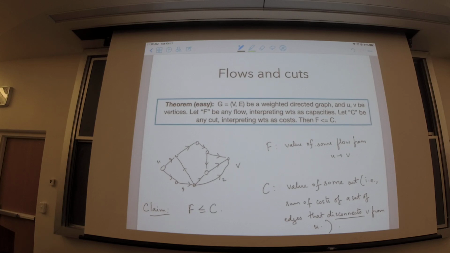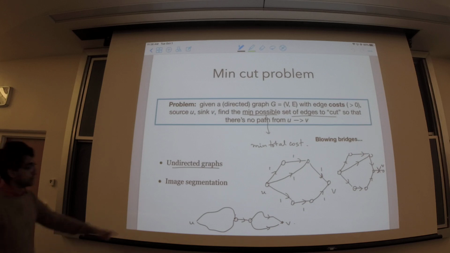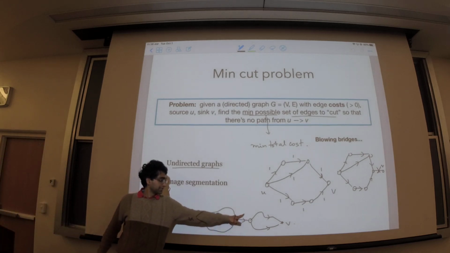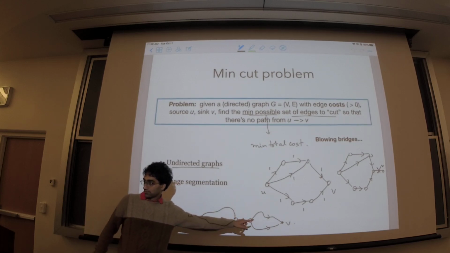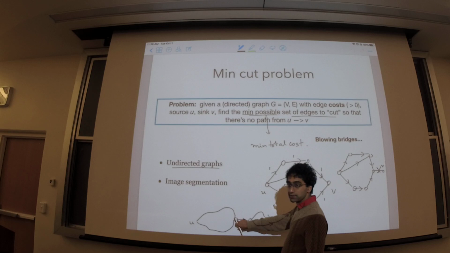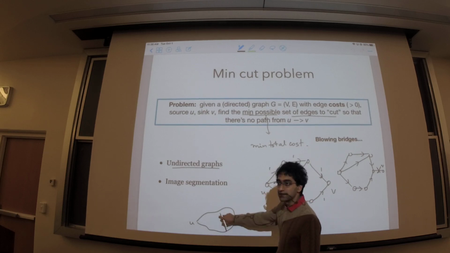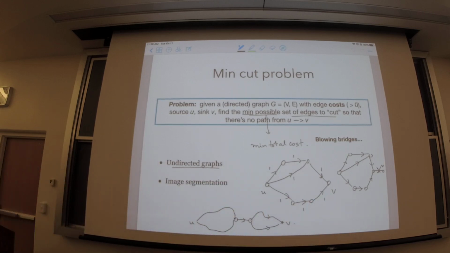Question? Yeah. So is a cut always pertaining to one vertex? No, that's a good question. In this example, I said that removing this edge disconnects U from V, but I am not removing all the edges out of this vertex. This vertex could have had edges that went into this part. So a cut is just a set of edges.